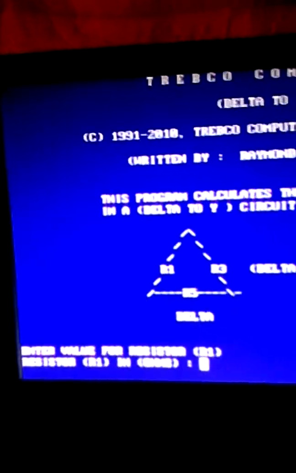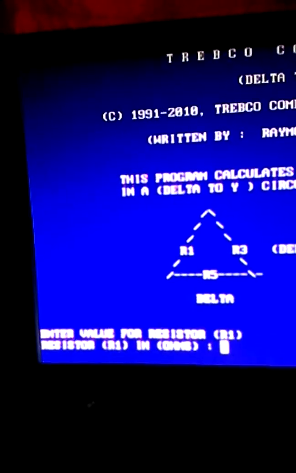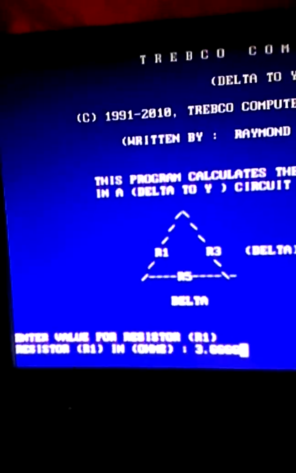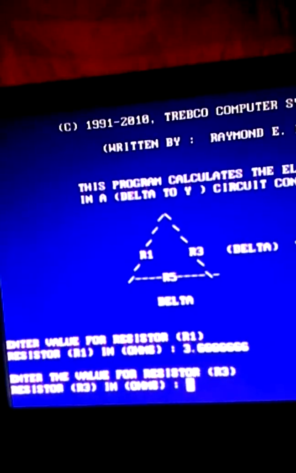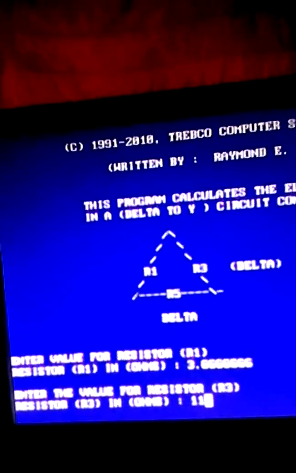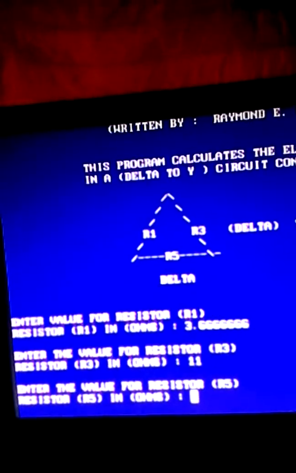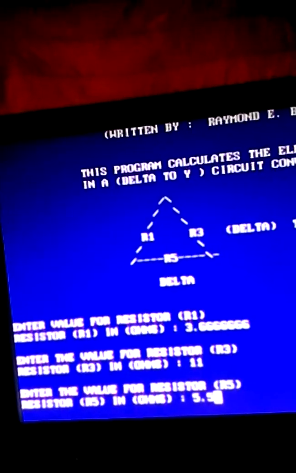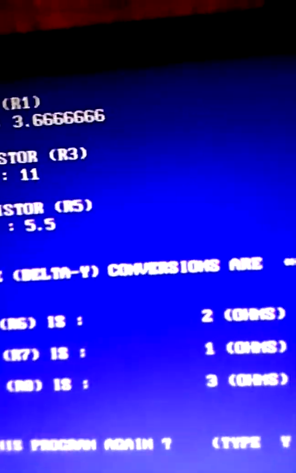Okay, so if I did this correctly, R1 was 3.666666, and the other value. There you go.